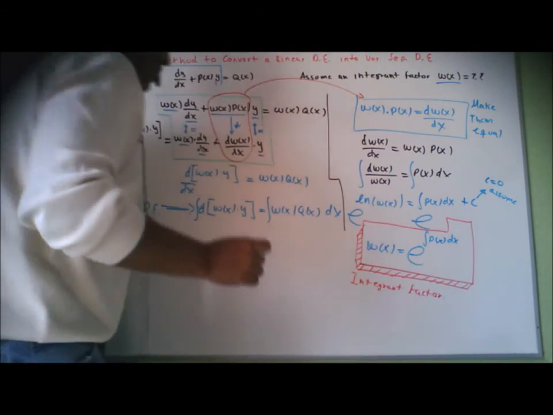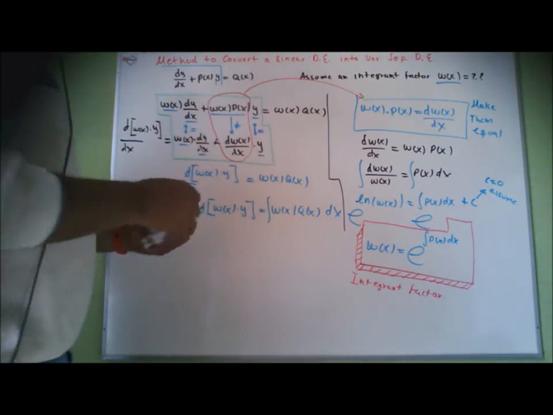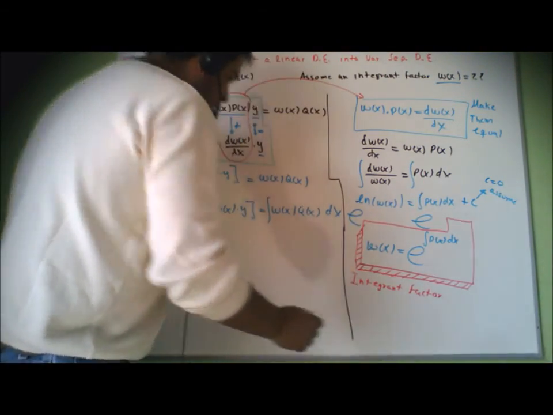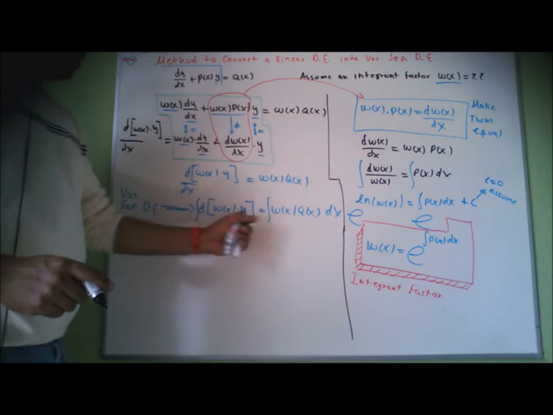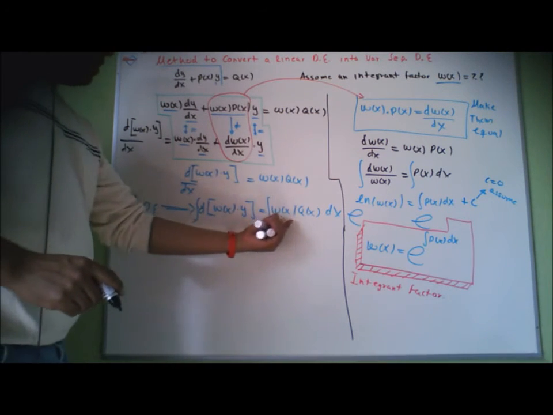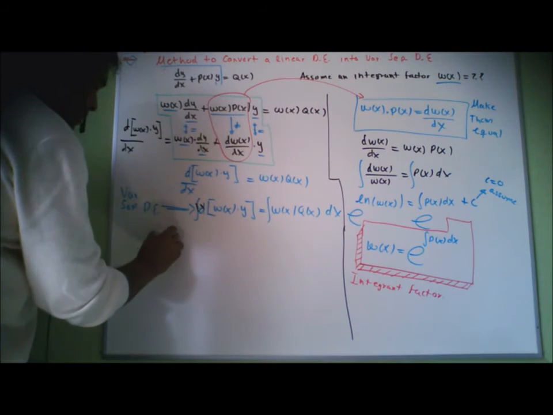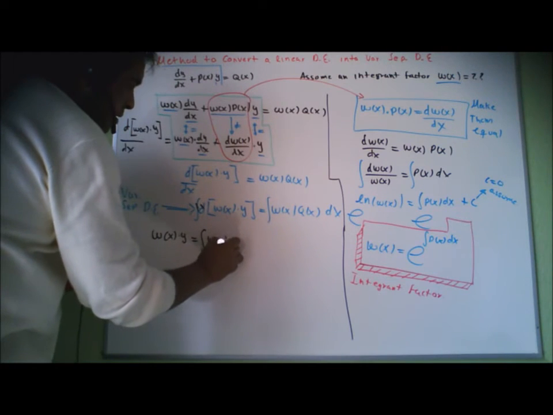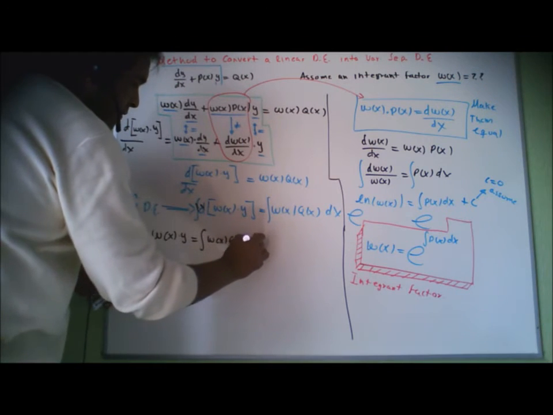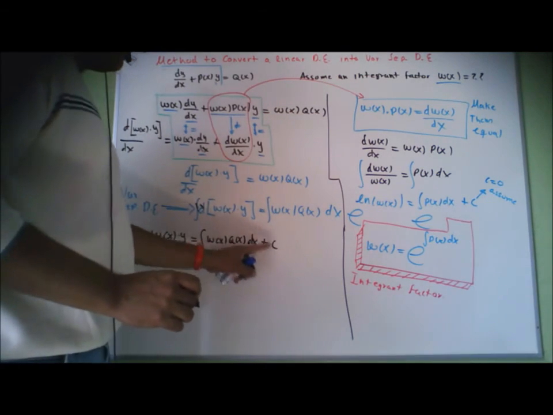Alright? Okay, let's continue, because we already know what w of x is. So it's no longer unknown. Now we know what w of x is. We just replace it here, and then we can solve it, because this and this cancel, so it's going to be w of x times y equal to the integral of w of x, q of x, differential of x, plus the constant. Now here, don't assume the constant is equal to 0.